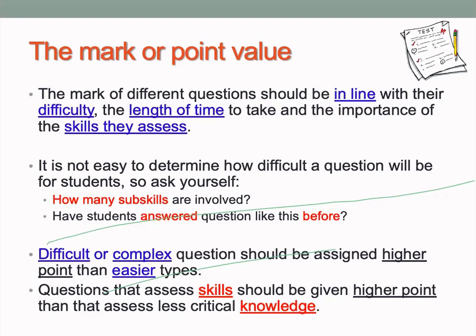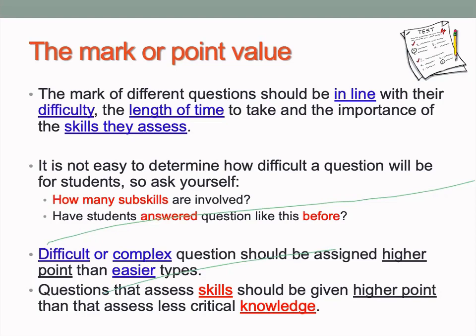For example, sometimes our questions are recycled from every semester, we reuse them and only change the numbers and so on. You also have to take note of this regarding difficulty.